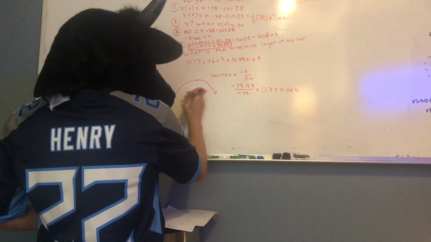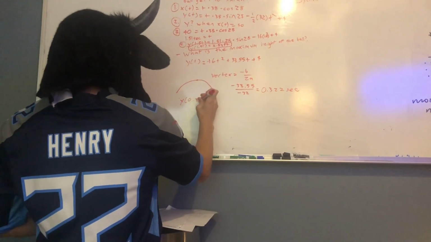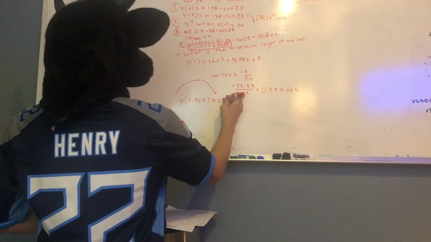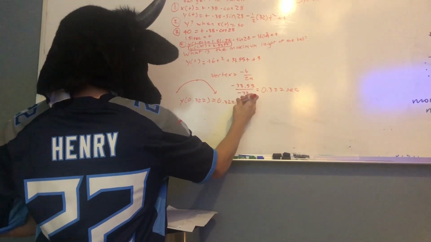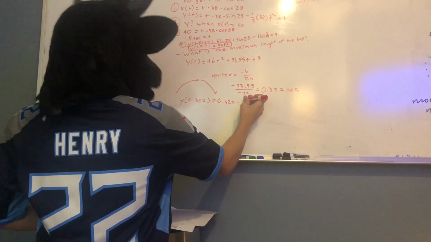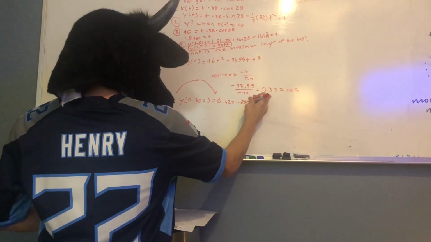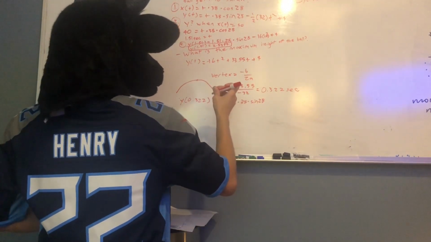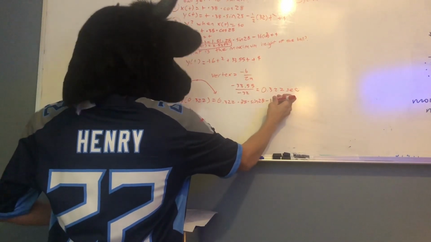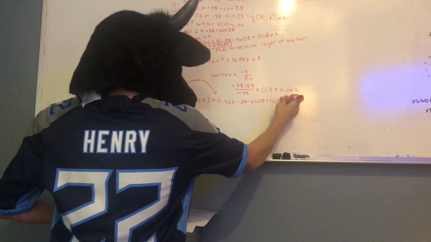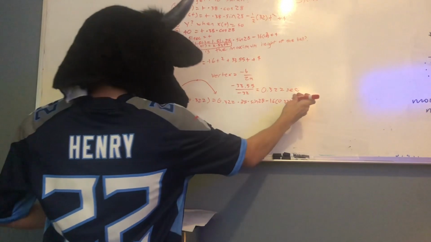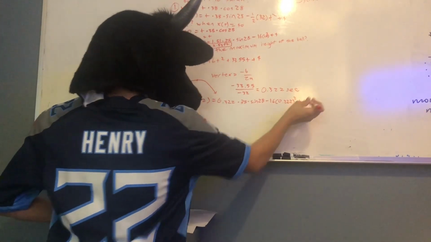So y of 0.322 equals 0.322 times 38 times sine of 28 minus 16, 0.322 squared plus 4.